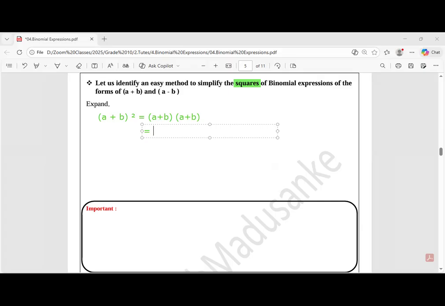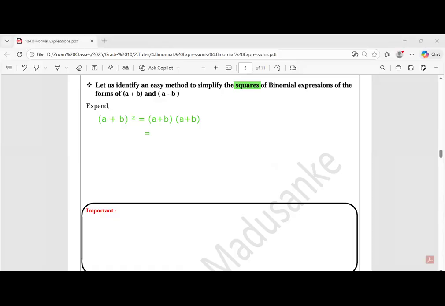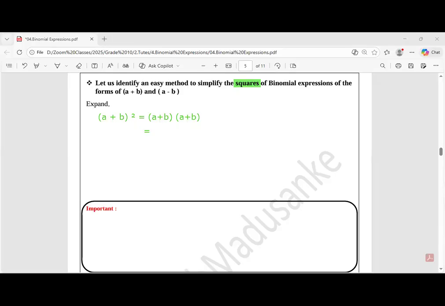I have received an answer. Why are you having two b square terms? A b square plus b square.